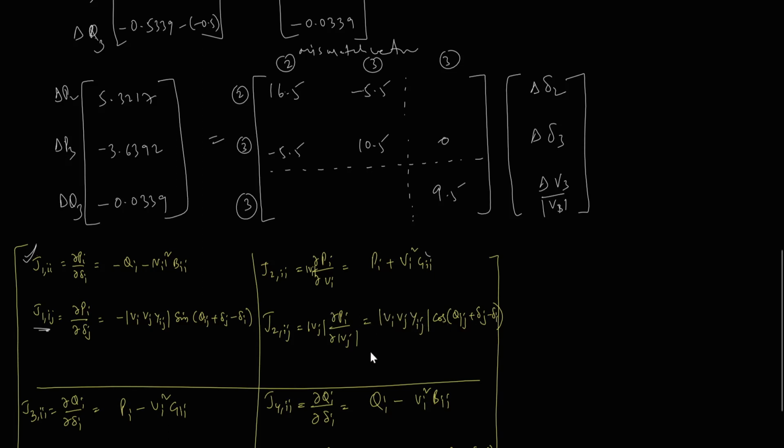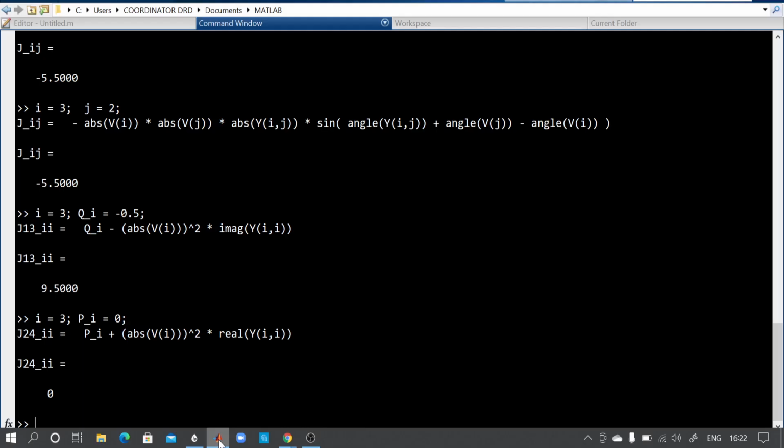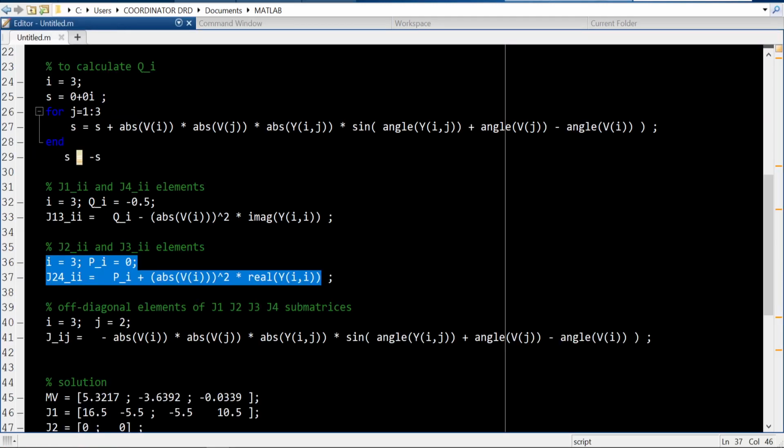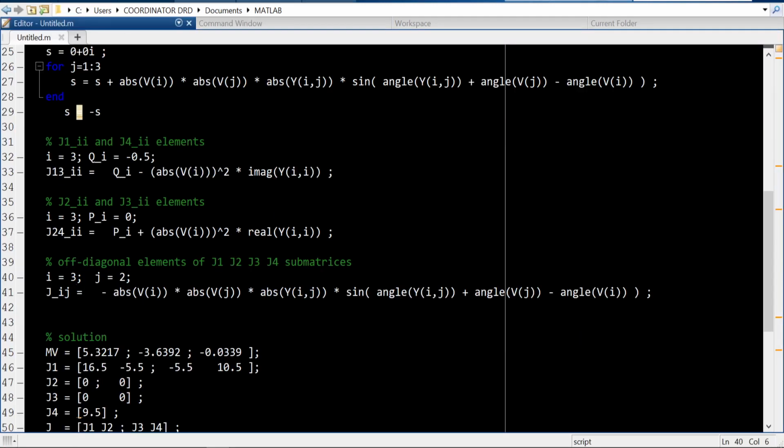Remember, for off diagonal entries, i equals 2, j equals 3, this is cos, and here I have a plus sign.